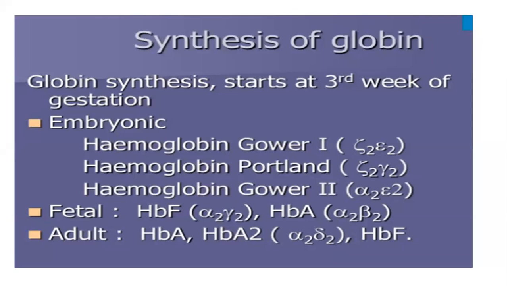And then you also have the fetal hemoglobin, and you can see what the fetal hemoglobin in terms of combinations would have. And then you can also get adult hemoglobin. So globin synthesis is a key component for us to understand hemoglobinopathies and also understand the various types of hemoglobins, as early as the 3rd week of gestation.